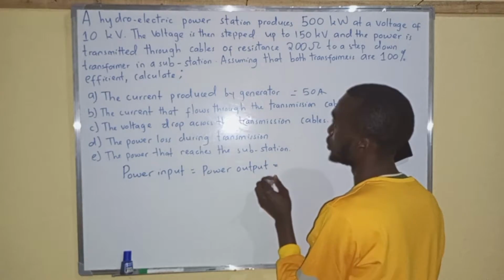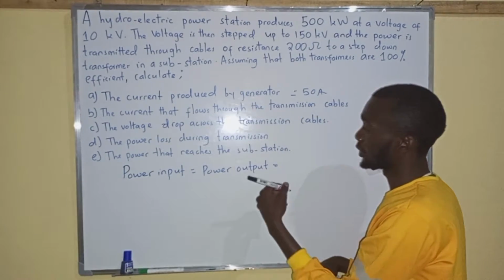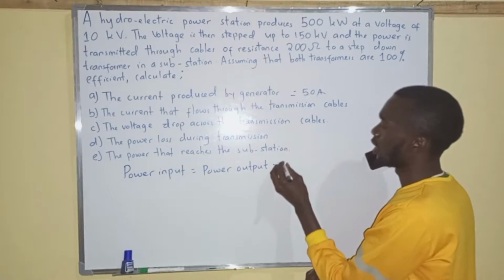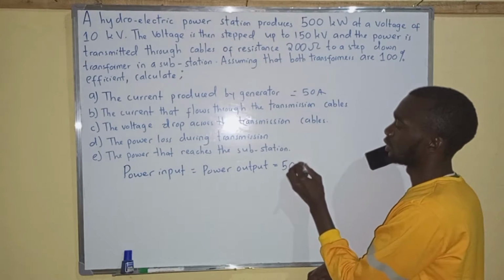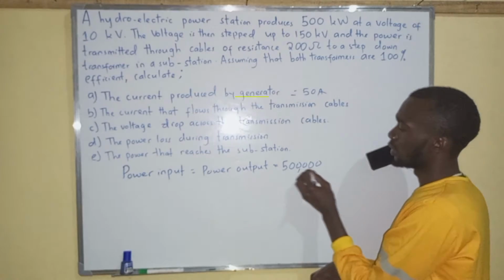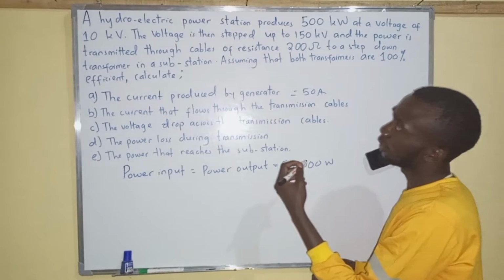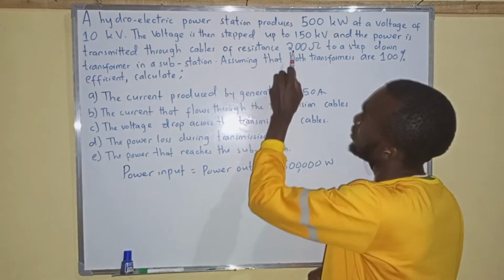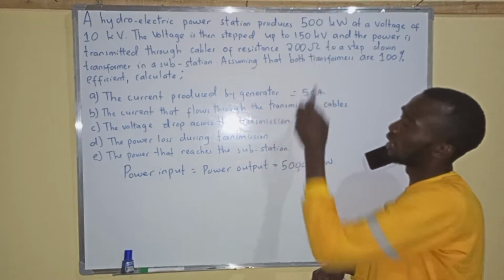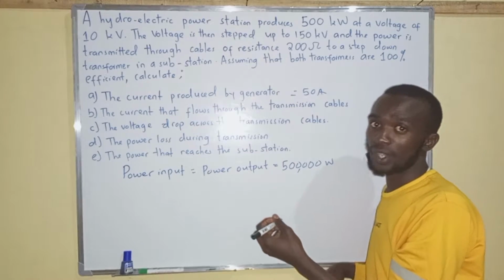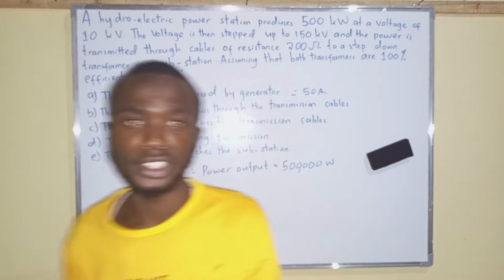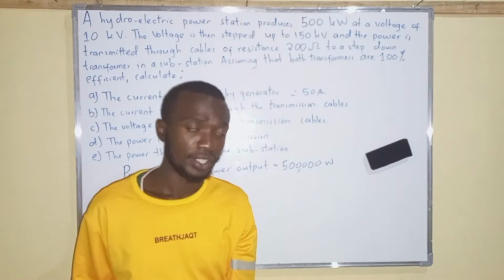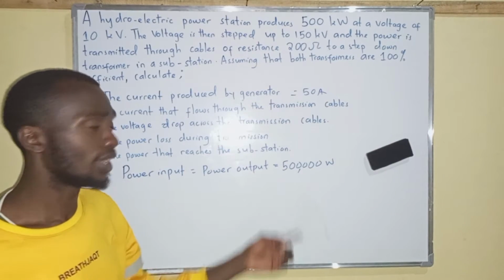This is equivalent to 500,000 watts. Because you have the power and the voltage in the secondary coil, we can calculate the current in the secondary coil, because the power in the secondary coil is 500,000.